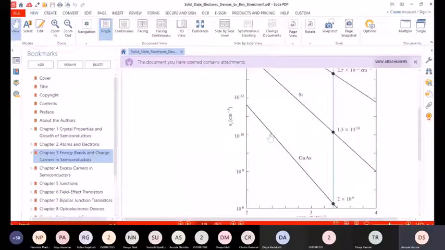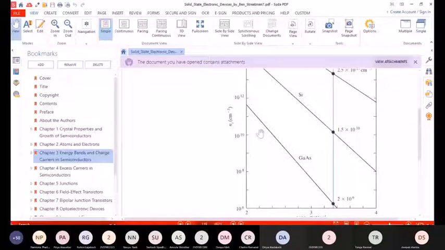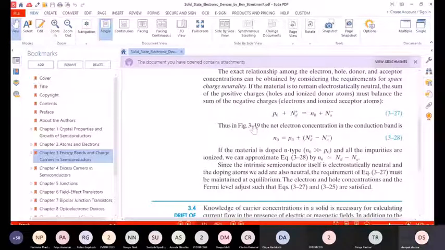So we had started with the conductivity and mobility directly.